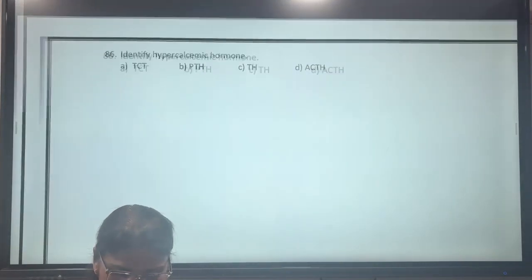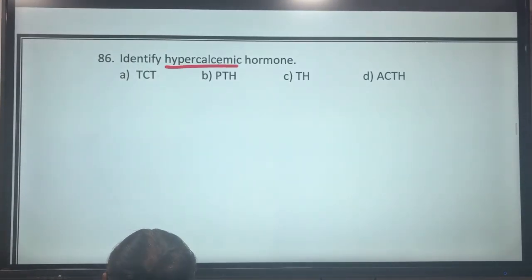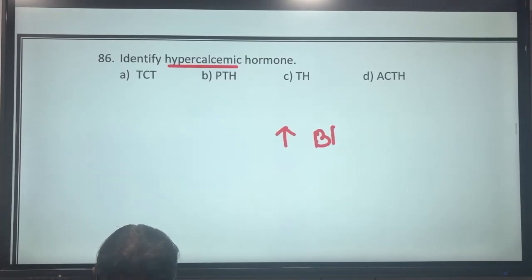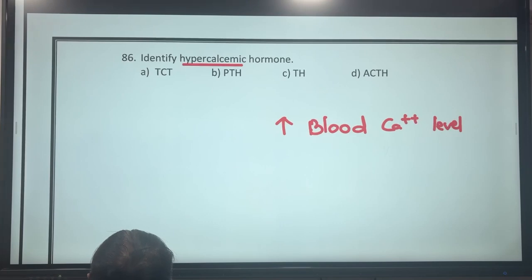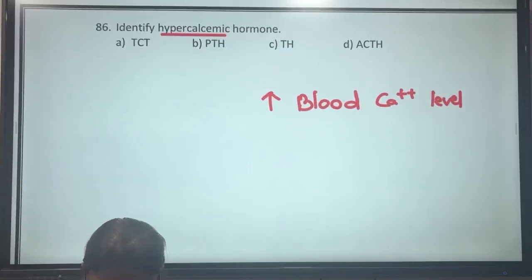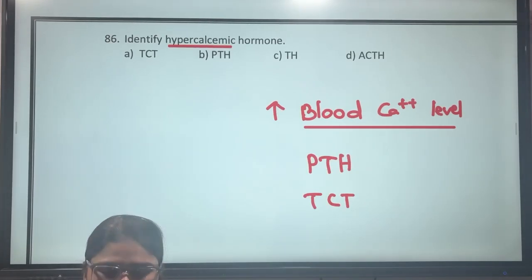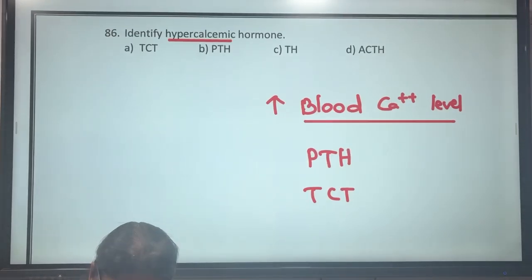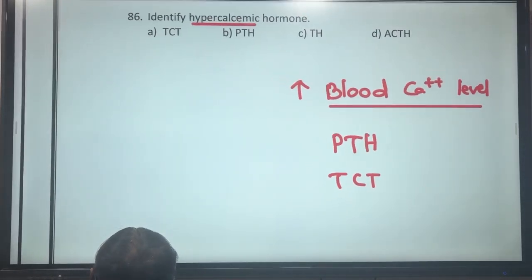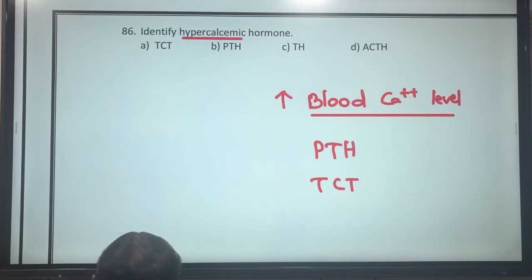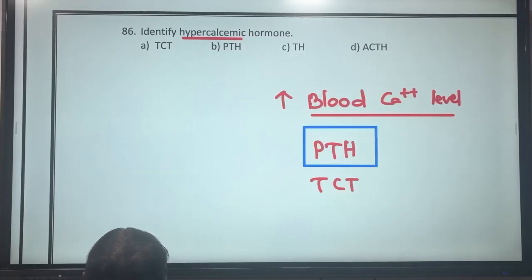Going to 86th question, children. Identify the hypercalcemic hormone. Children, hypercalcemic means increases blood calcium level. Now, there are two hormones in your syllabus which act on blood calcium level. One is parathyroid hormone, PTH, and the other is TCT, thyrocalcitonin. Increasing blood calcium levels is the job of PTH. How will it do it?